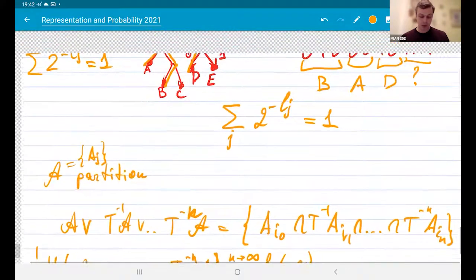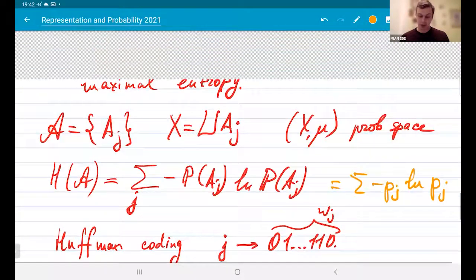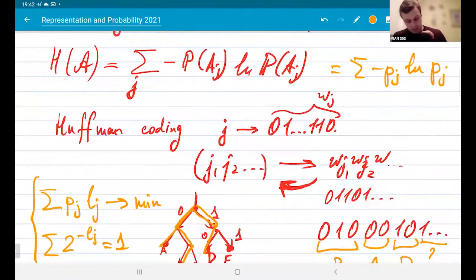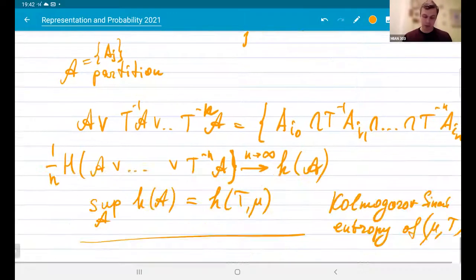I just want to say the following. Why is the Parry measure a measure of maximal entropy? Of course, this is not a proof. I'll just try to explain why this is true. Look, you should consider the entropy of this partition.